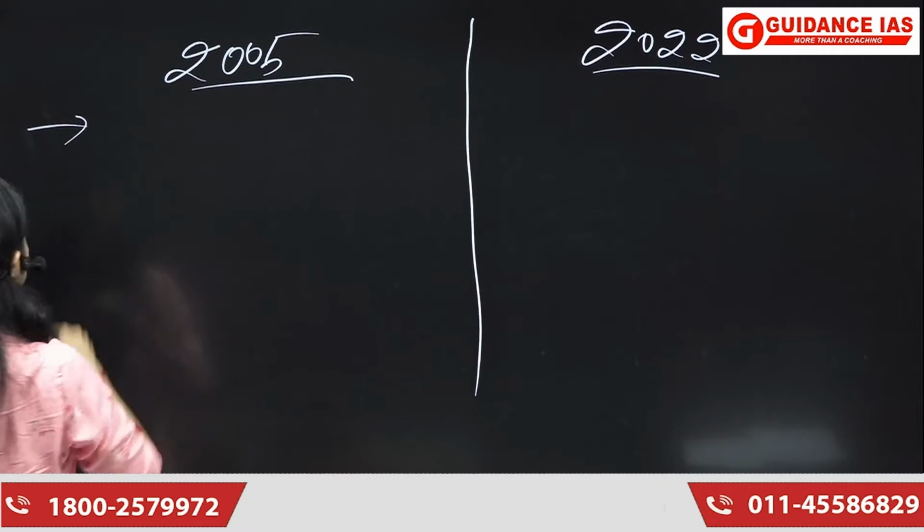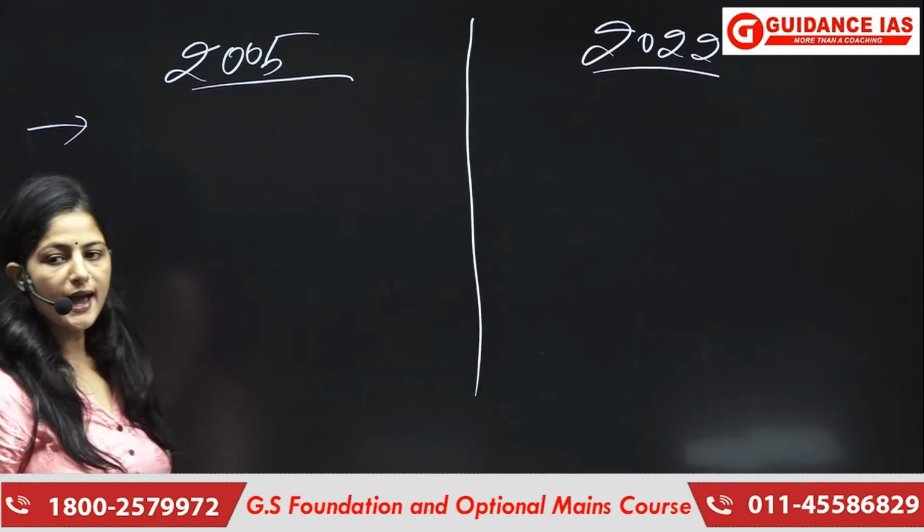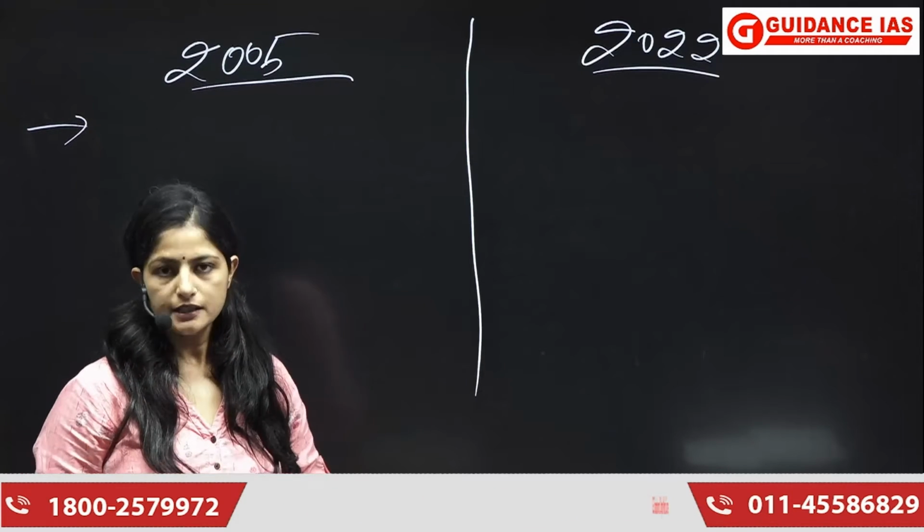So, यहाँ पर क्या था, 2005 में the ambit of this act was very narrow. ठीक है?